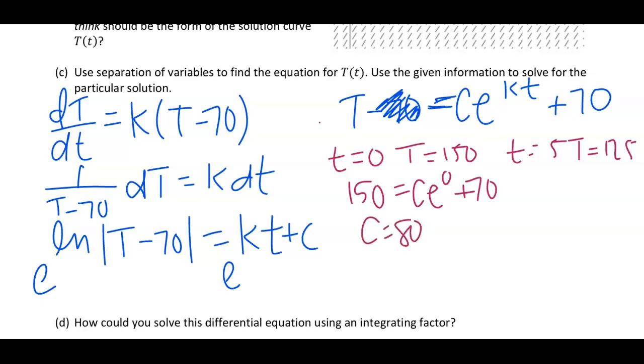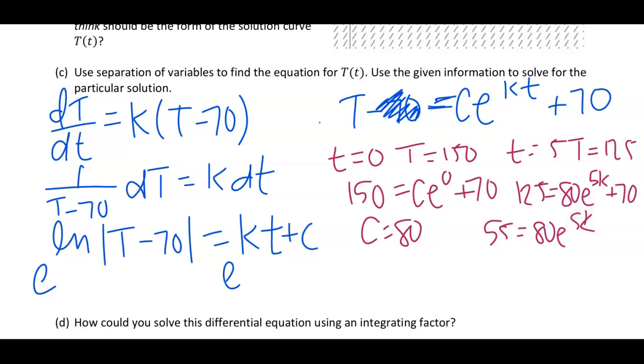All right, let's go ahead and plug in now over here. I know that 125 equals 80 e to the 5k plus 70. I'm going to subtract 70. So I would get what, 55 equals 80 e to the 5k.